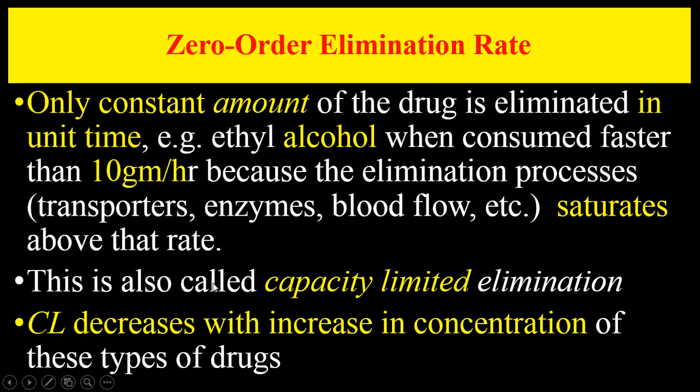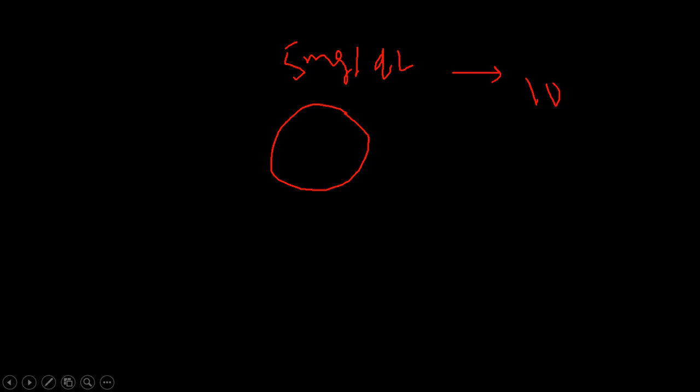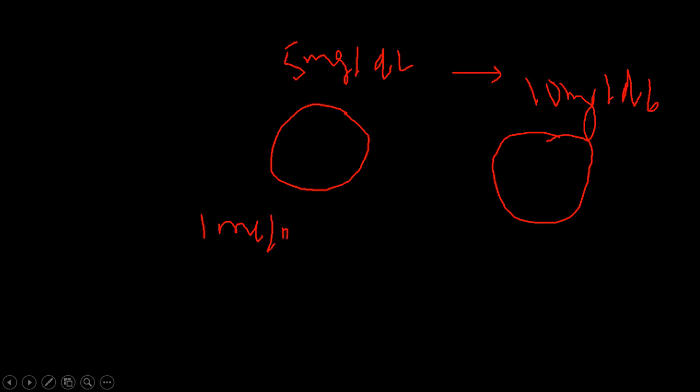The same thing. Once you increase the dose, let's see like this. For example, you have this 5 milligram per deciliter concentration, and this is increased to 10 milligram per deciliter, and the body is clearing at 1 ml per minute.